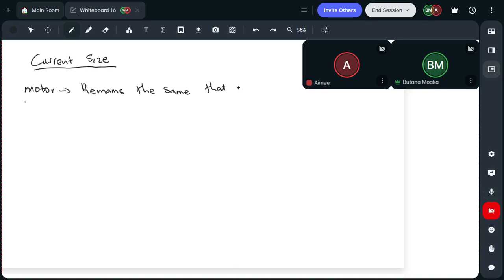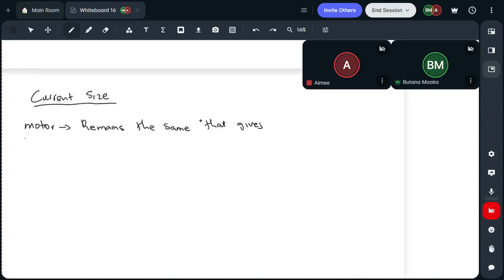That gives direct current with a battery. So nothing will change. The size of the current will be the same.